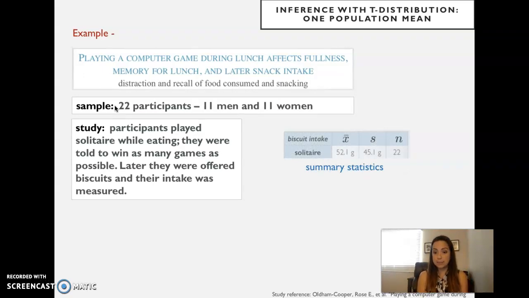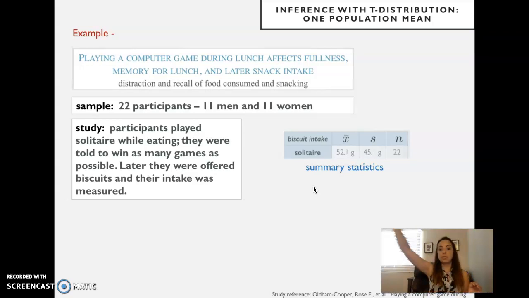These are the summary statistics. Let's describe the data. The participants played solitaire and were offered biscuits, and they ate 52.1 grams on average. That's the average intake, the X-bar intake, the observed in the sample, right?